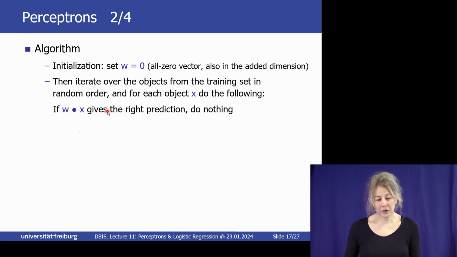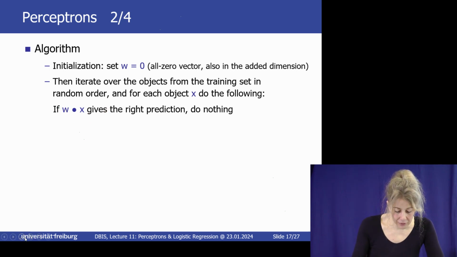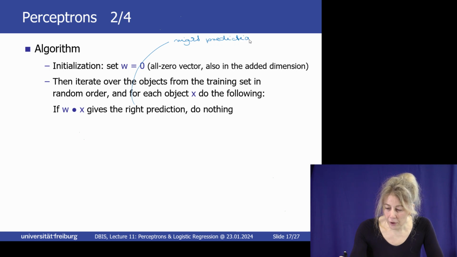You look at W, and let's just clarify what right prediction means. Right prediction means this is greater or equal to 0 and the label is indeed plus, or it says this is negative and the label is minus.